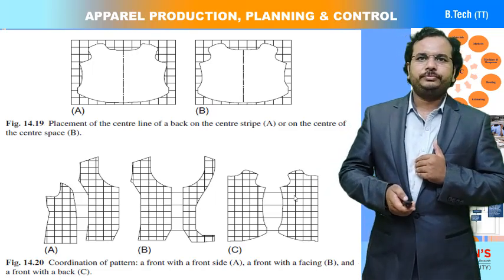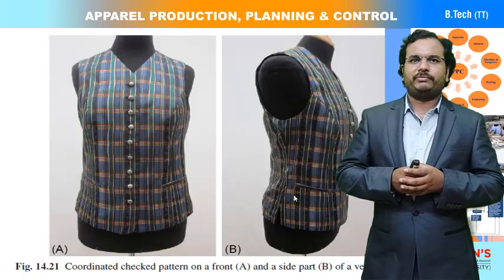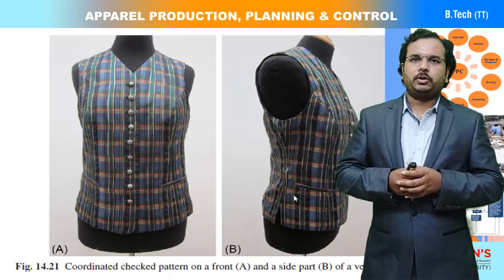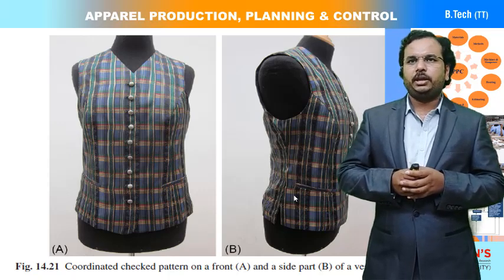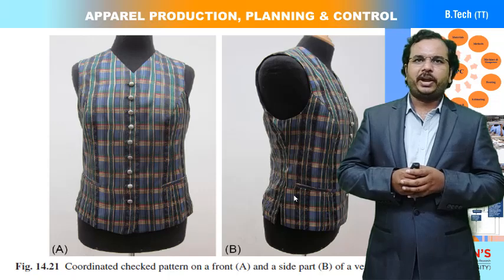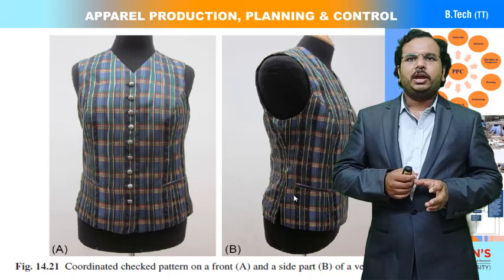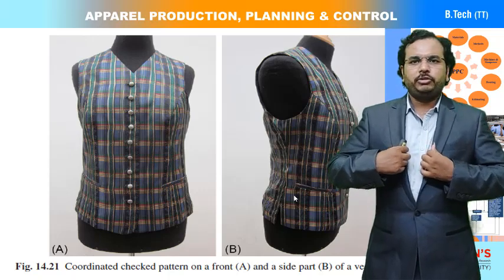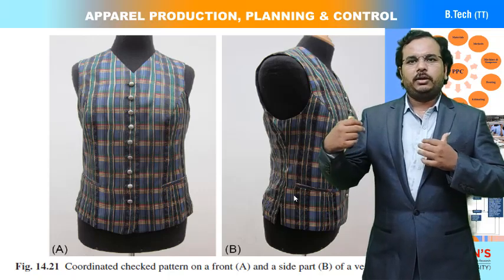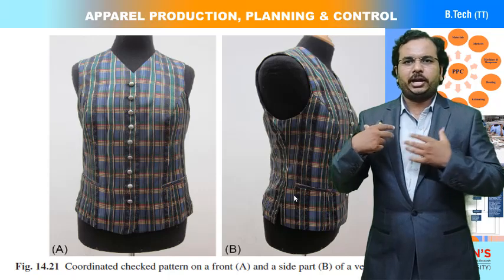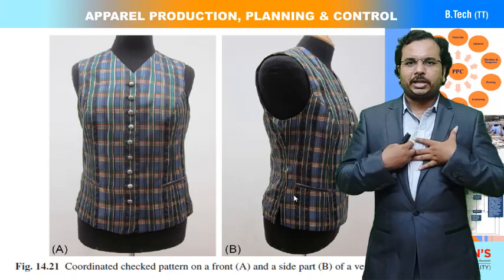Then you can see the example of this checked pattern on the front side and the sideways. The front bodies match the back bodies, and the two front bodies with the button, the right hand side and the left hand side, are both matched.